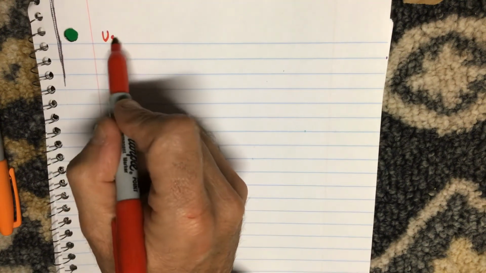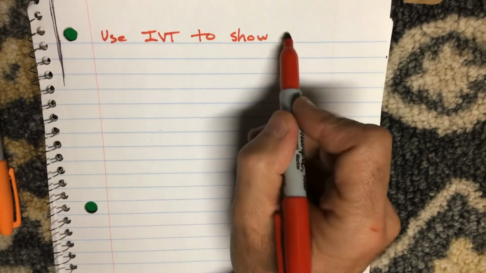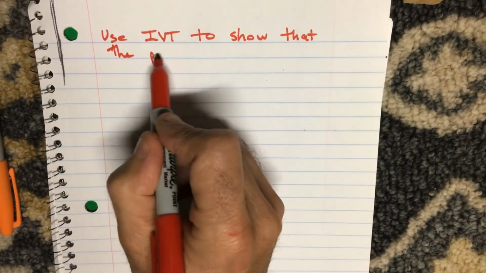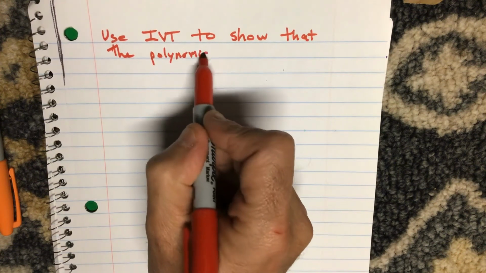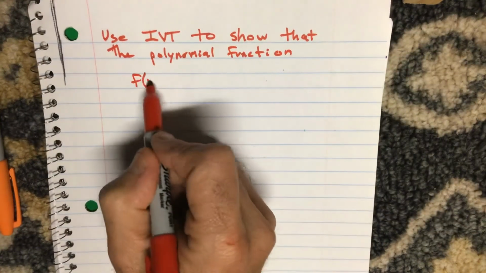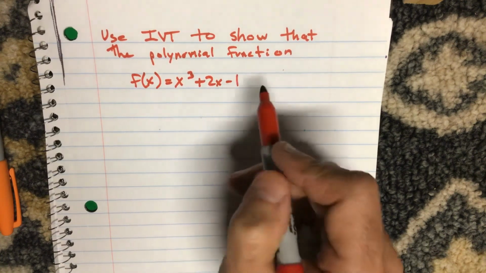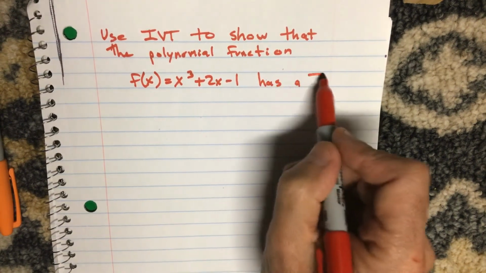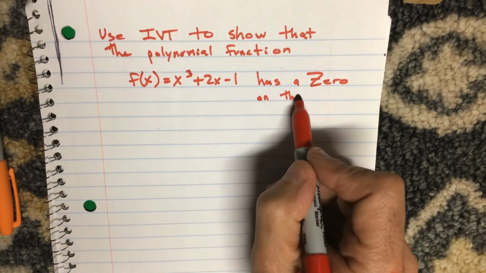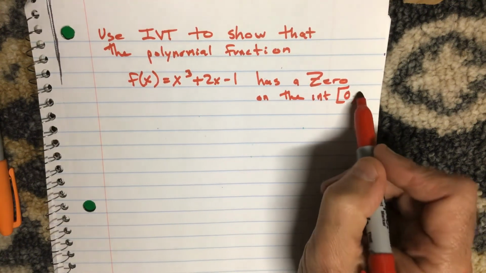Use IVT to show that the polynomial function, and I'll write out the function, let's call it f of x equals x to the third plus 2x minus 1, has a zero on the interval 0 to 1.